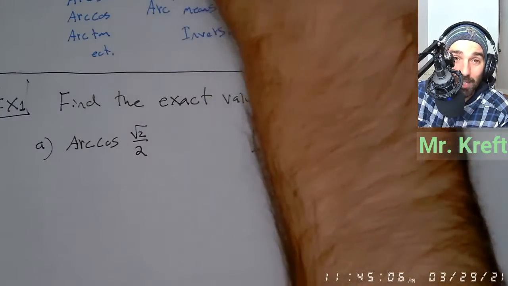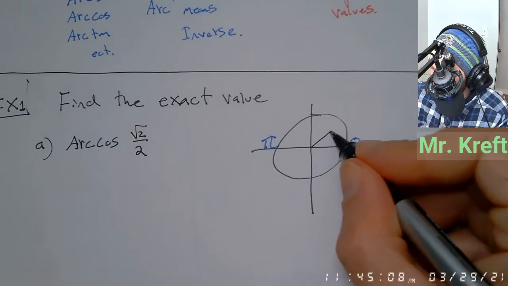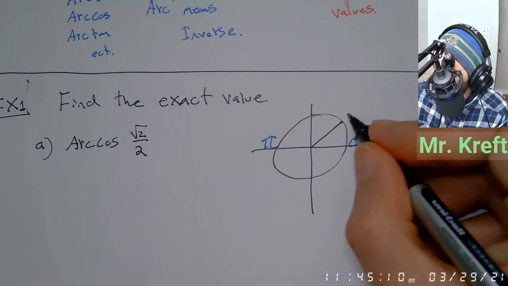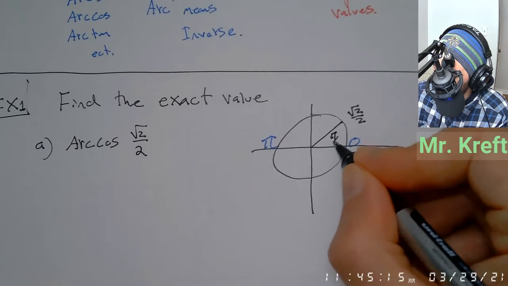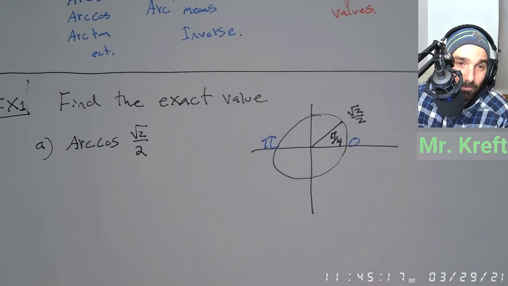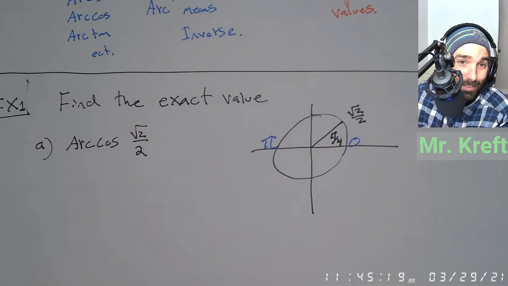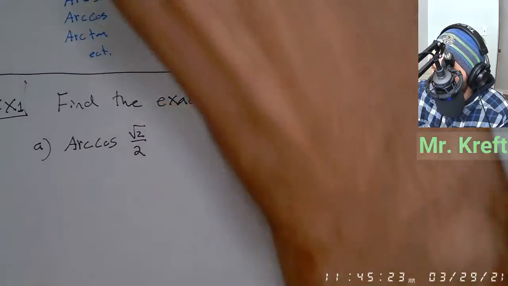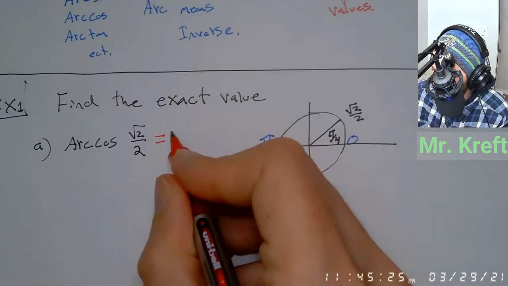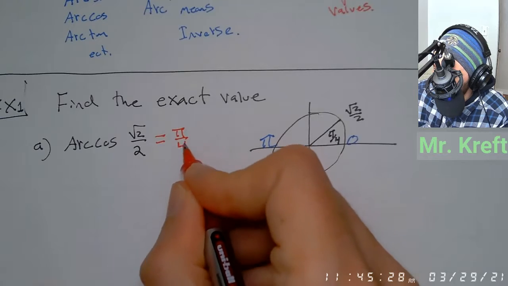Then I know that x is root 2 over 2 at pi over 4. So this equals pi over 4.